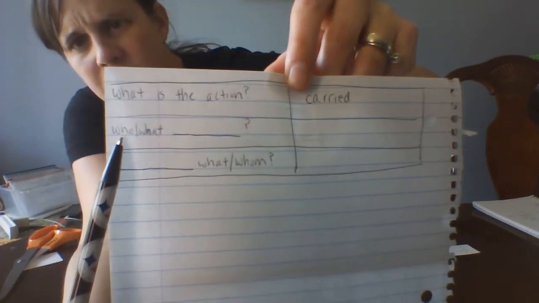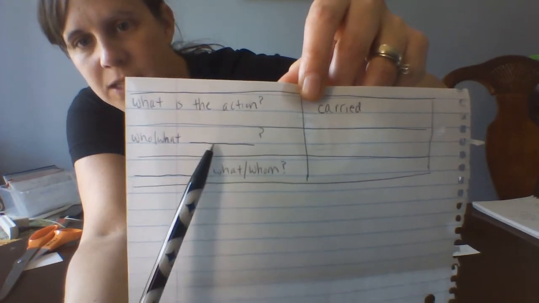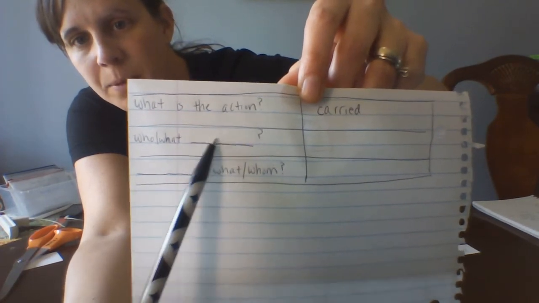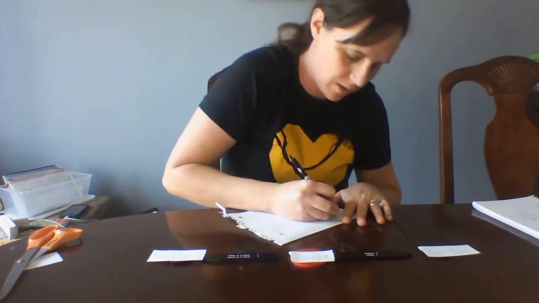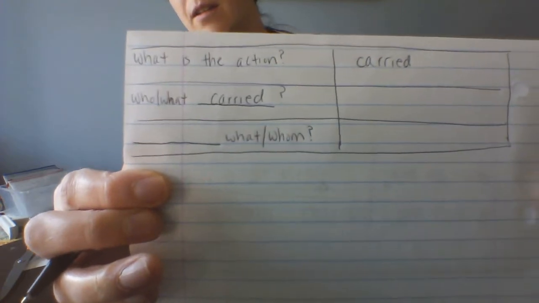Okay. And then our next thing says who carried or what carried. So this blank right here is where I'm going to put my action word. My verb goes there. So now it says who carried? And who did we say carried? The ant. That's our subject. So I'm going to write that answer over here.